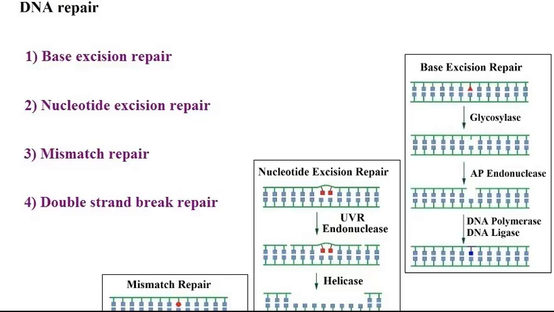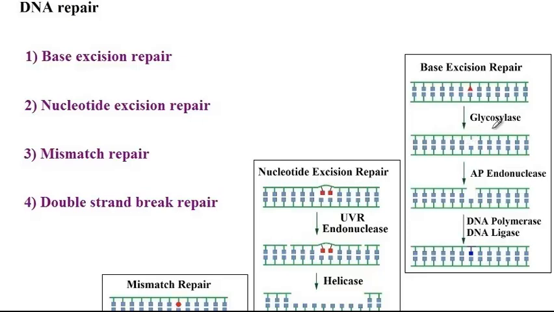The very first one is base excision repair, which is I would say the most simple of all, because it would repair DNA without distorting the structure of the DNA helix. What happens is that by using the glycosylase enzyme throughout base excision repair, the damaged base will be removed.